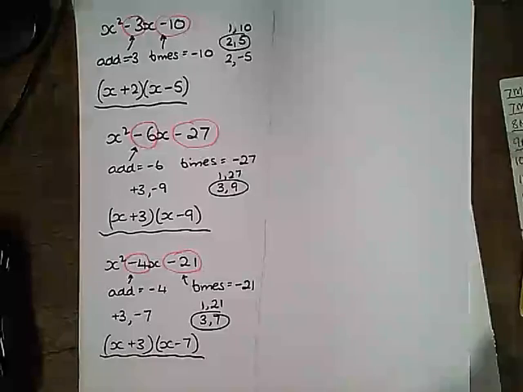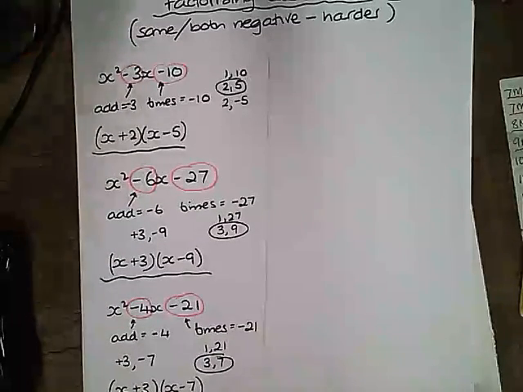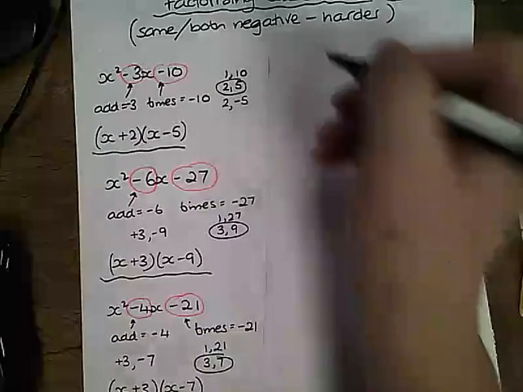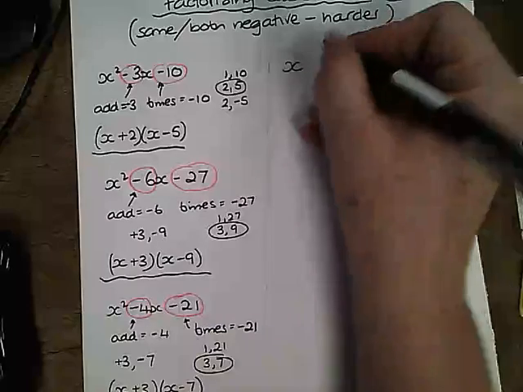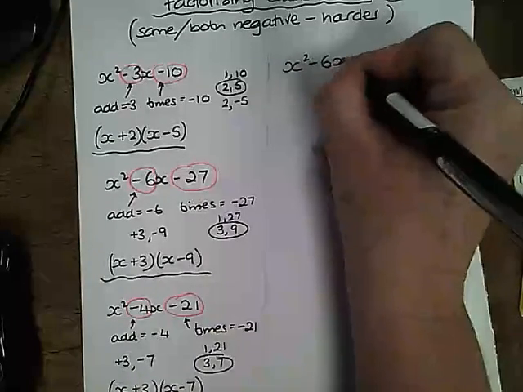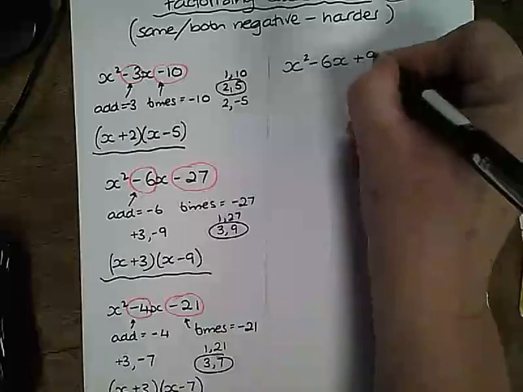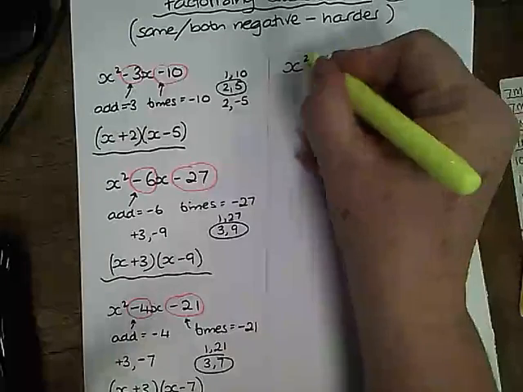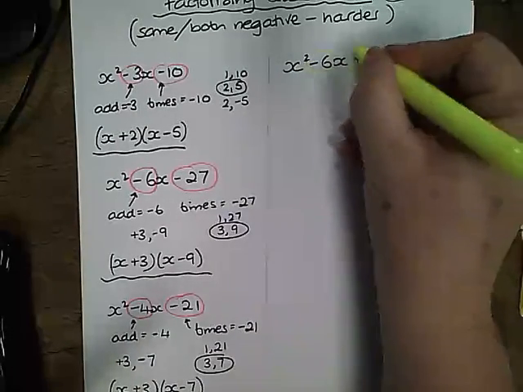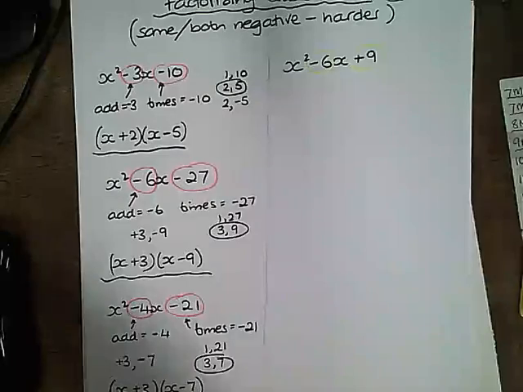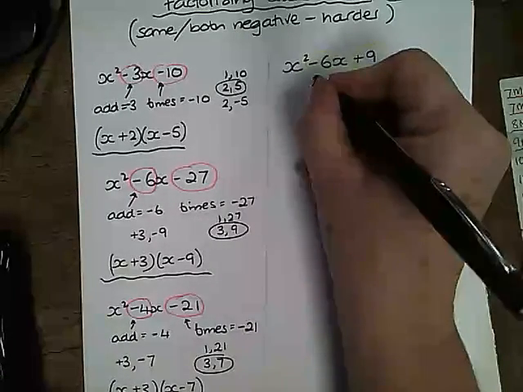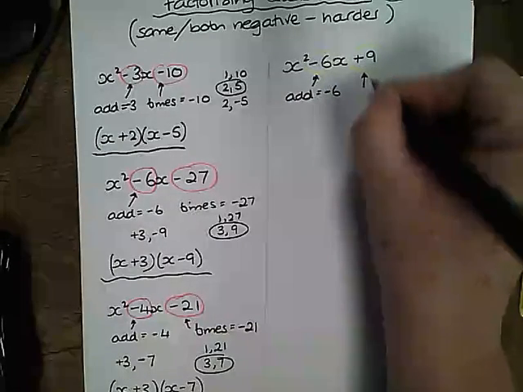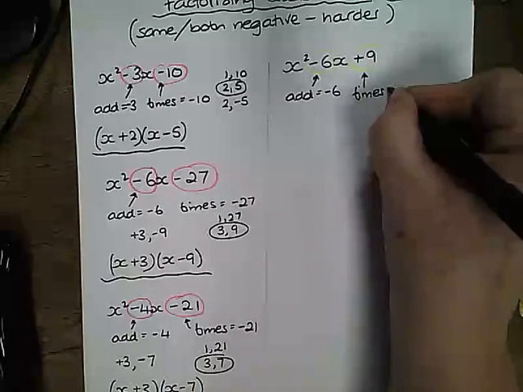Okay, let's see what happens when we have a negative x term and a positive number on its own. So if we have this one, for example, x squared minus 6x plus 9. Now I am looking for, I might just highlight these a minute to keep the signs with them, two numbers which add to give minus 6 and times to give positive 9.